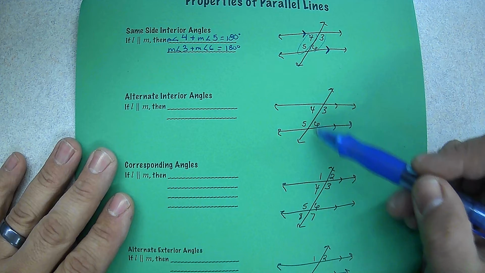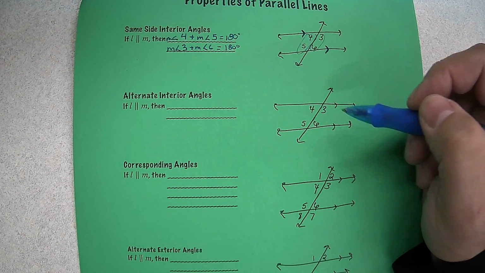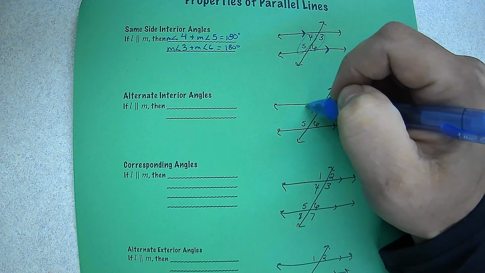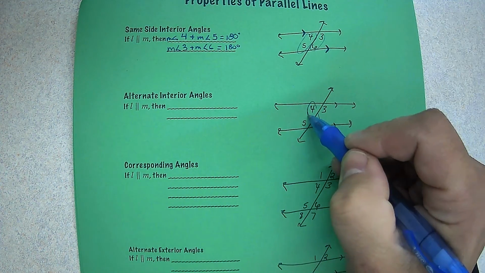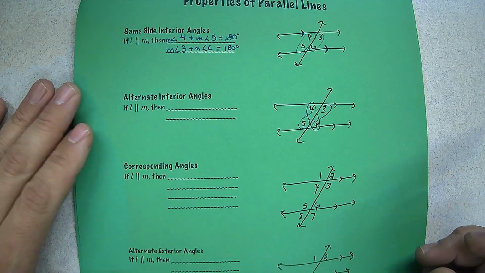Keeping in the inside of our parallel lines, we have alternate interior angles. Remember, those are the ones that are across from each other. We're looking at angles 4 and 6 and angles 3 and 5. These are congruent, or equal.